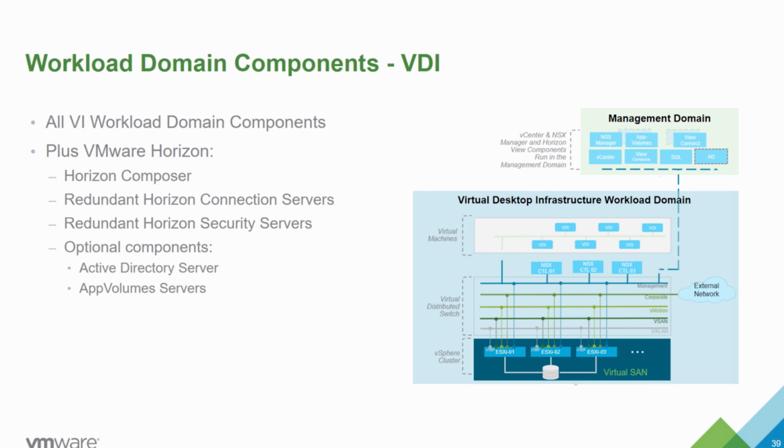Optionally, we can deploy Active Directory servers for you if you don't want to point to your existing corporate AD, or you can choose to just point to your corporate AD, and we won't bother with VCF deployed AD servers. And finally, we can deploy App Volume servers for you as well. So a fully configured, ready to run Horizon environment in really just a few simple clicks. You've got desktops ready to give to your users.